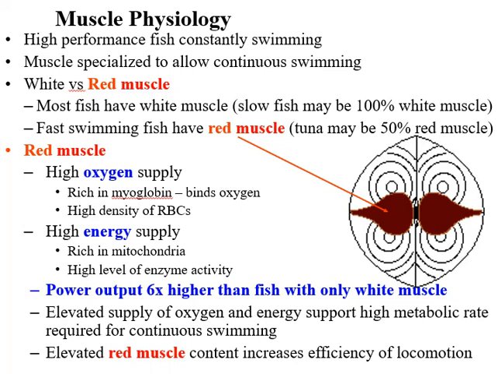So let's look at this red muscle. If you look at this figure, there's a cross section of a tuna. This is like if you cut a tuna in half, cut its head off, and you're looking into its body towards its tail, then its backbone is right in the middle, that black part, and the arrow is pointing to this red muscle.